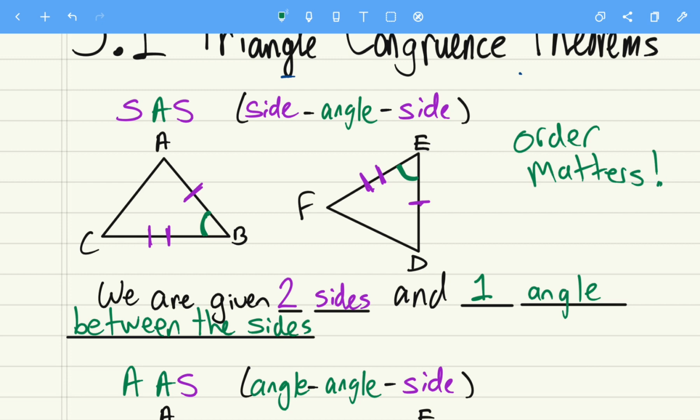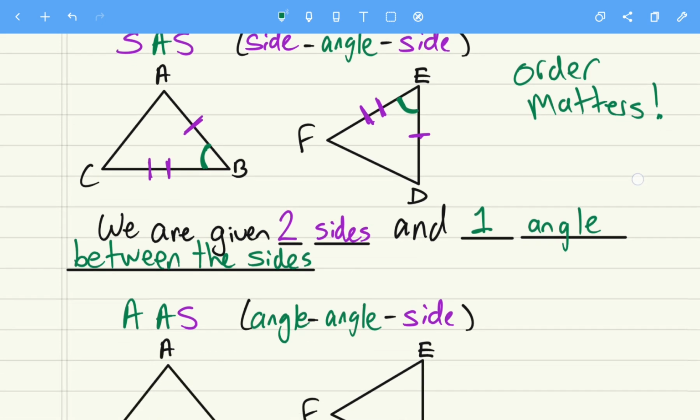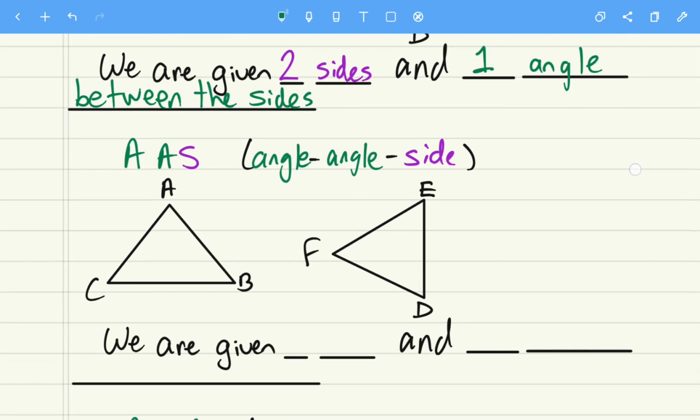Now the triangles can be flipped, so you can have the sides flipped, but the angle has to be in between the same pair of sides. Let's look at the next one.